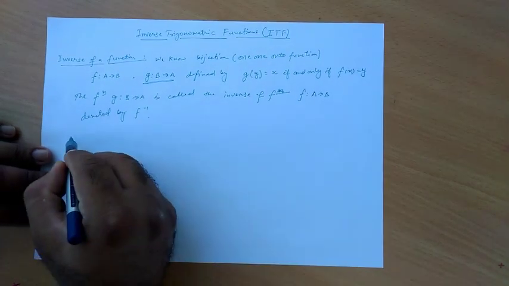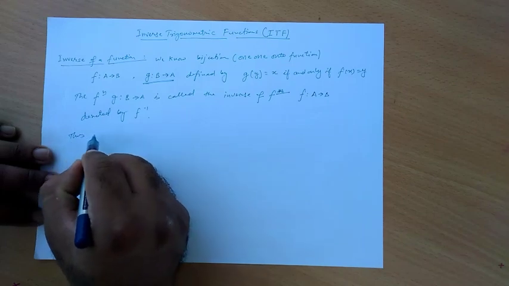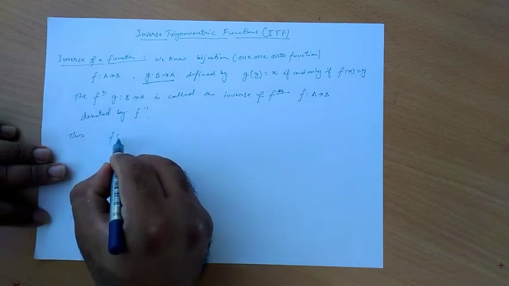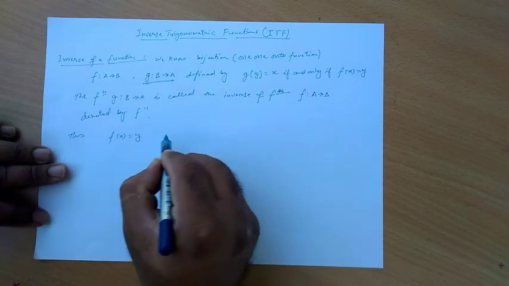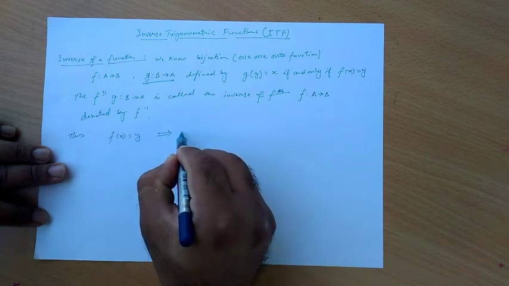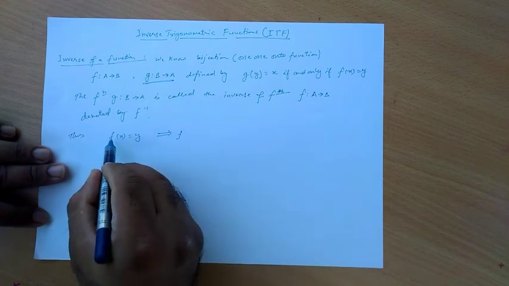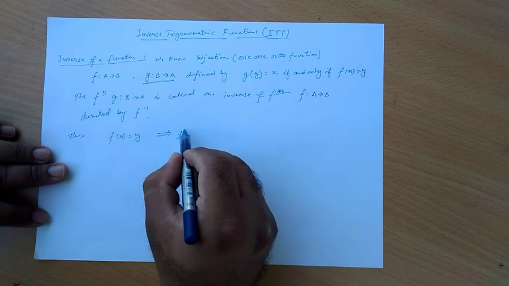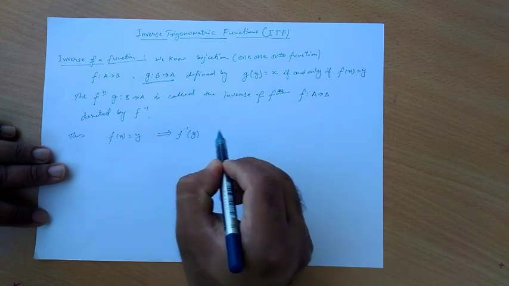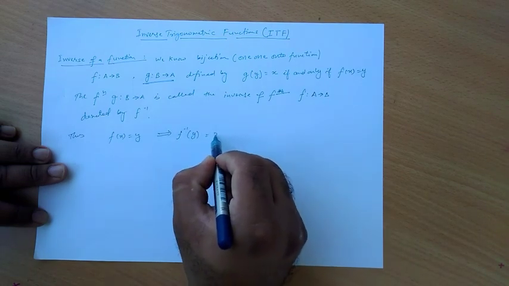So thus we can say f of x equal to y, and that implies, if we put f inverse on both the sides, we'll have f inverse of y equal to x.